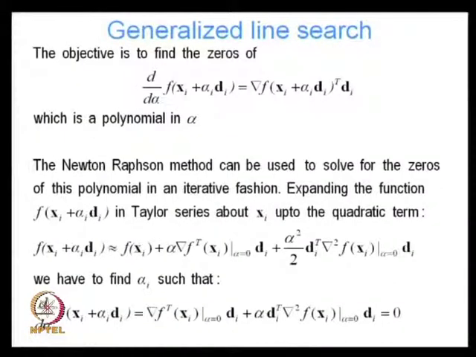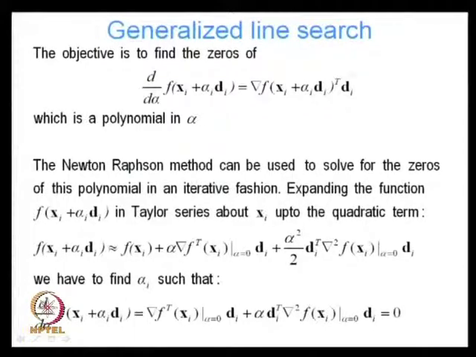So, I have talked a little bit about the generalized line search problem. The objective is to find the zeros of d by d alpha of f of xi plus alpha i di. So, I want to minimize f of xi plus alpha i di. How do I minimize? I set the derivative with respect to alpha to 0, right. So, that's just the gradient.